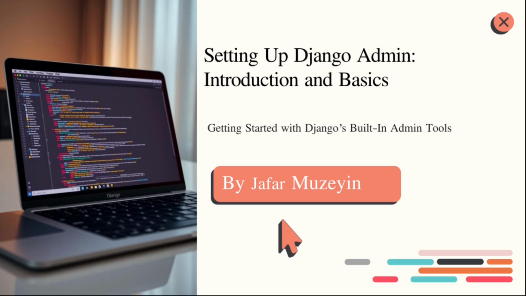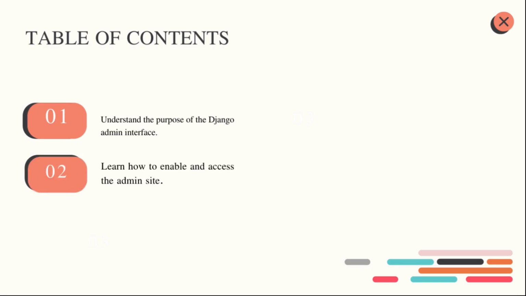Let's get started. Before we dive into the details, let's go over what you will learn in this video. First, we'll explore the purpose of Django admin interface and why it's so valuable for managing application data. Next, I will show you how to enable and access the admin site in your Django project.